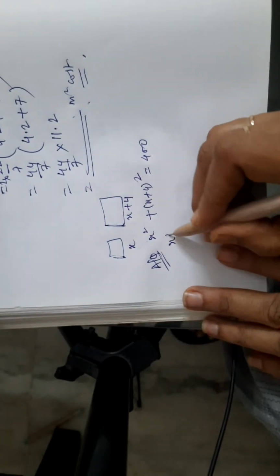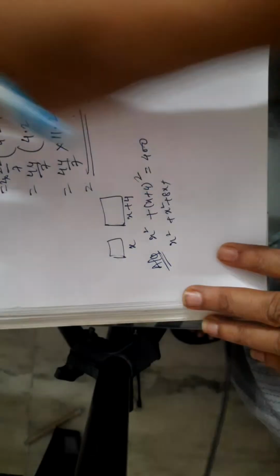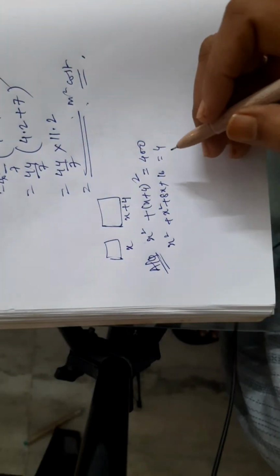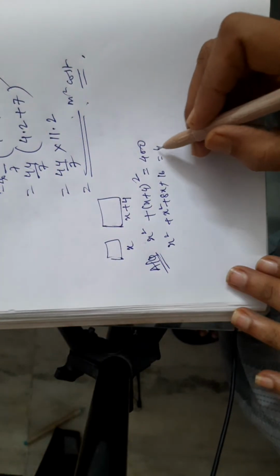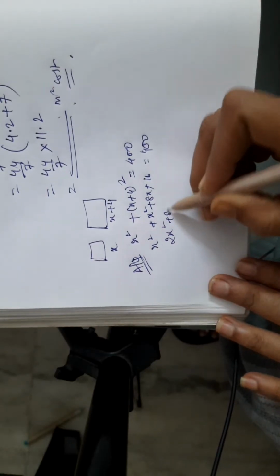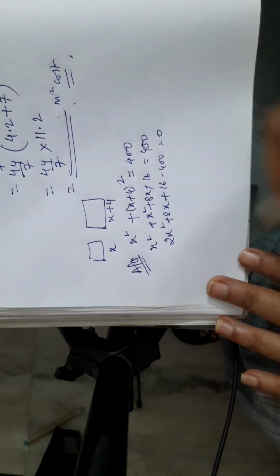Now open out the bracket: x square plus 2ab. So it's 8x plus 16 is equal to 400. 2 times x square plus 8x plus 16 minus 400 is equal to 0.